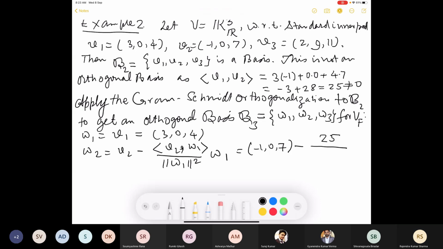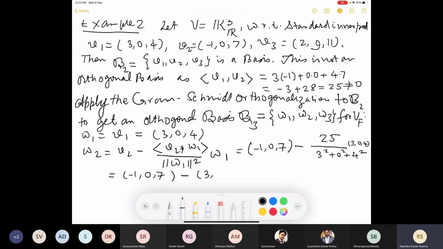The norm of V1 squared is x1 square plus x2 square plus x3 square, so this is 3 square plus 0 square plus 4 square, times W1, which is (3, 0, 4). This is the coefficient of (3, 0, 4). Now the numerator is 25 and the denominator is 3 square plus 4 square, 9 plus 16, 25. That also is 25, so this cancels and gives you simply 1.